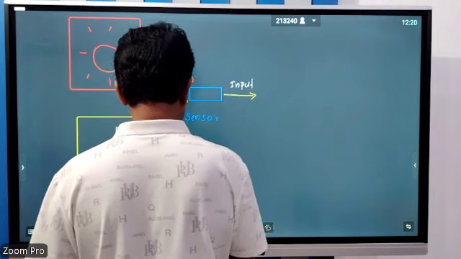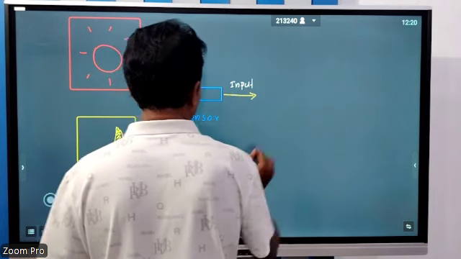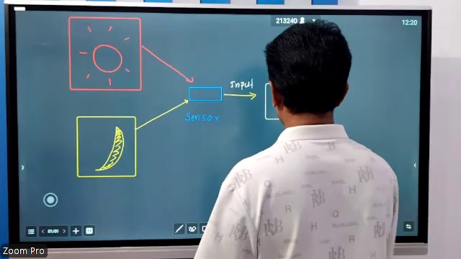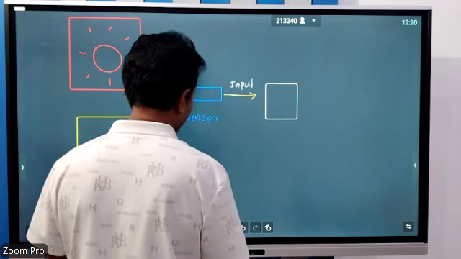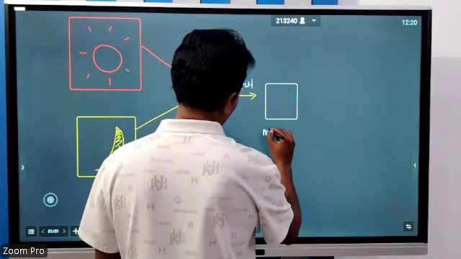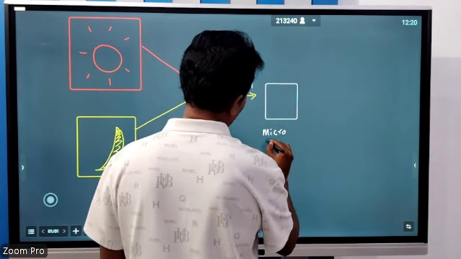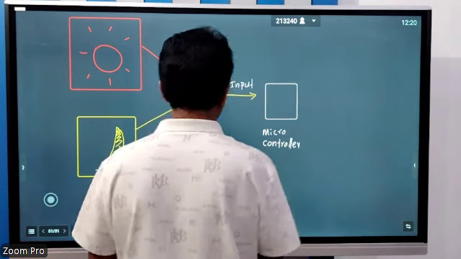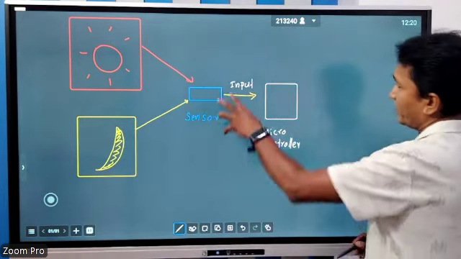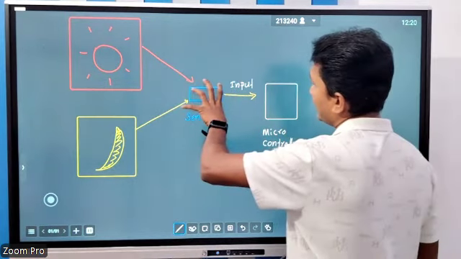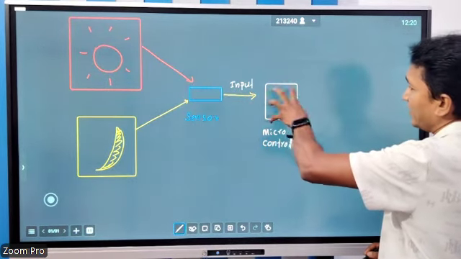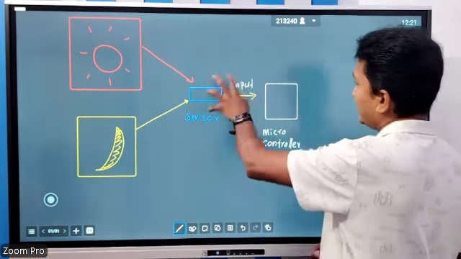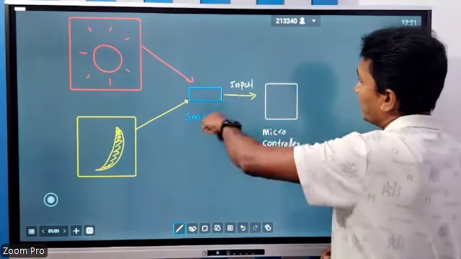To whom? To the microcontroller. Right? So the middle part is done by the sensor. Without the sensor, the microcontroller cannot get the input, right? So the input role is done by the sensor.